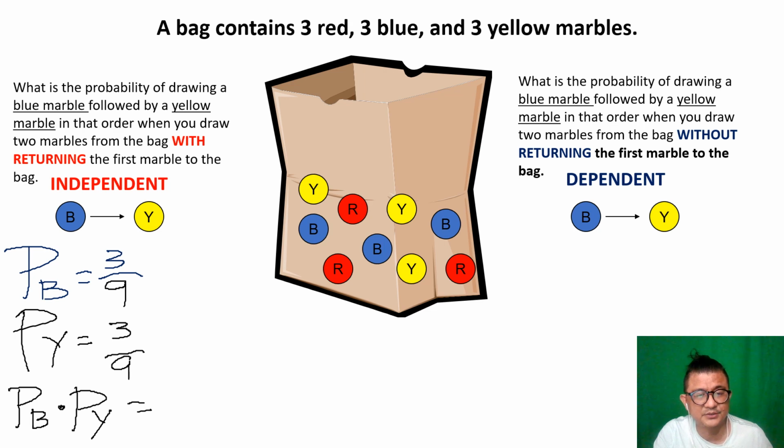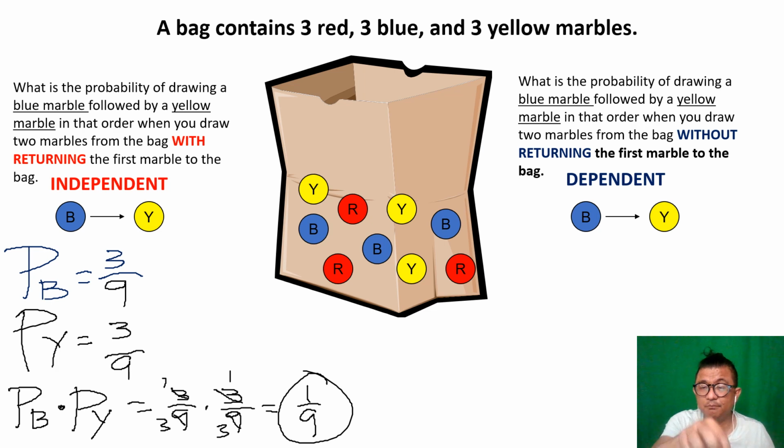So that becomes 3/9 times 3/9. If you want to simplify it, that's 1/3 times 1/3. That's going to be 1/9. The probability of getting a blue followed by a yellow is 1/9. 1 out of 9. So what can you say? That is less likely.